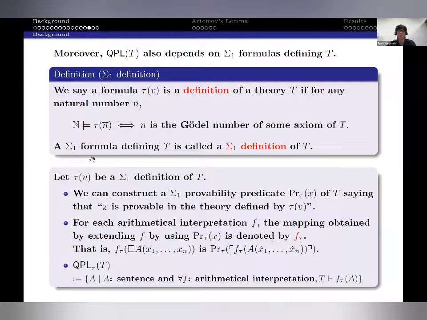A Sigma-1 formula defining T is called a Sigma-1 definition of T.